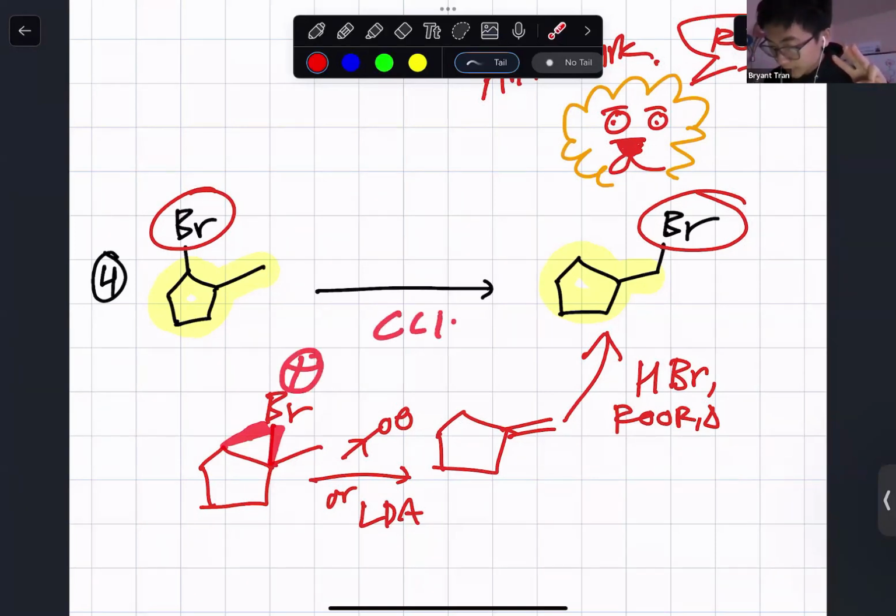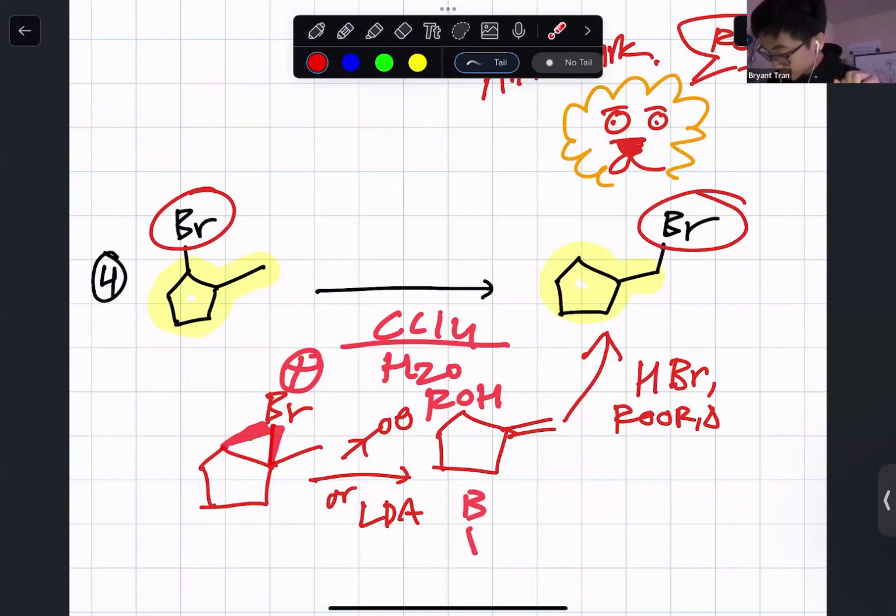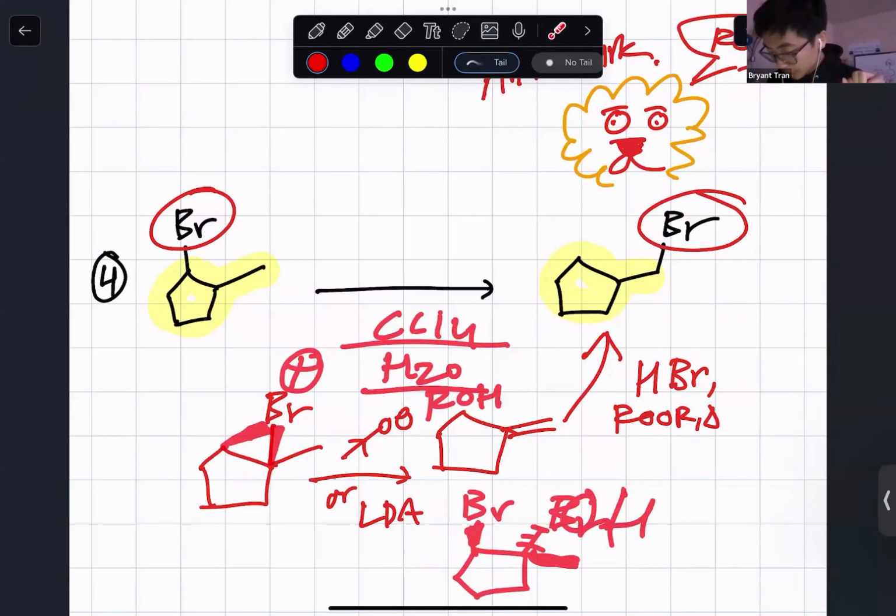One with an aprotic solvent, CCl4, one with water, and another one with ROH. If you had CCl4 as a reagent, you're going to have bromine on both carbons as a product, like bromine here and another bromine there, dash wedge like that. So that's the CCl4. If you use water, then you're going to have OH. If you have alcohol, then you can have OR.